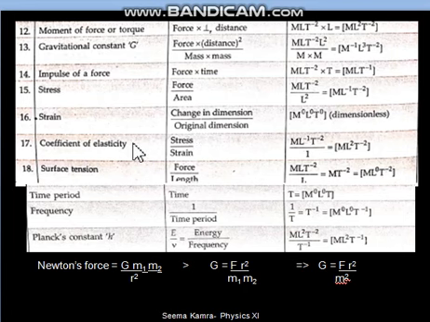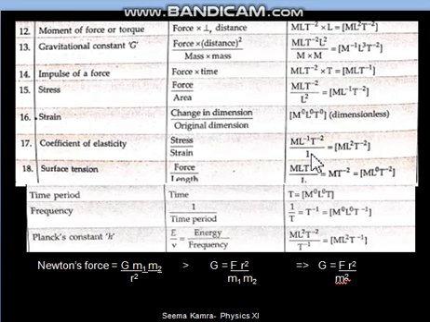Coefficient of elasticity is related to these terms only. Stress upon strain is the formula of elasticity. So if we want to make the coefficient of elasticity formula, it is M1 L minus 1 T minus 2 written for stress, and for strain dimensionless. Dimensionless means all powers are 0. So anything raised to power 0 is always 1.